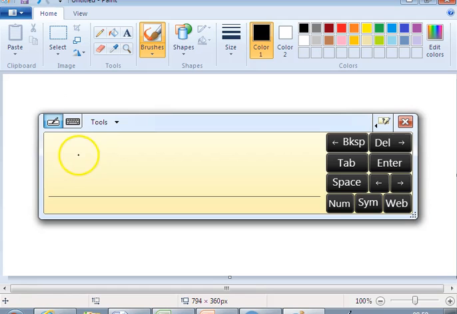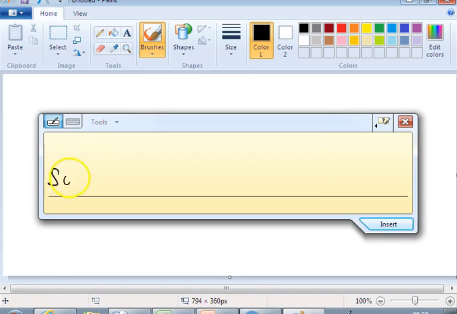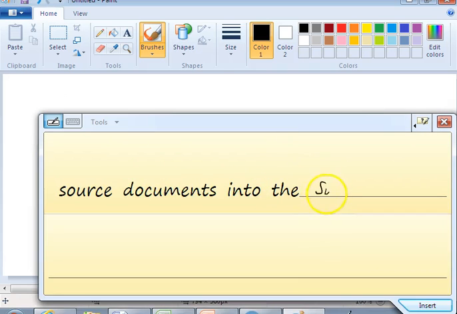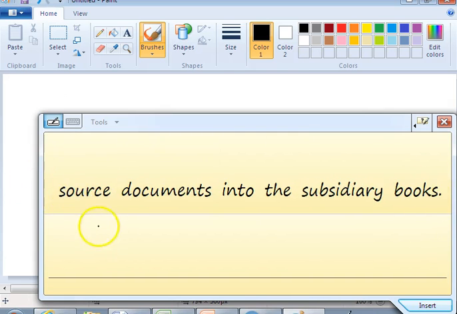The key point here is that we went from our source documents into the subsidiary books.